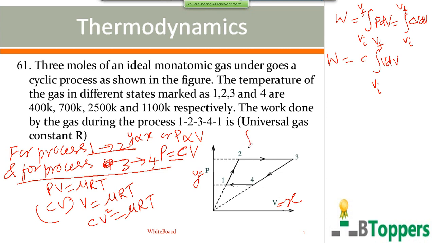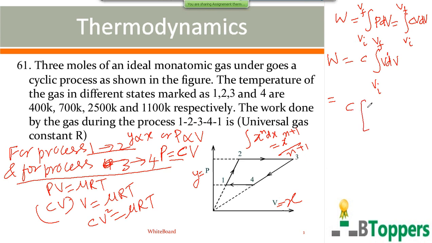Using the formula, integral of x power n dx is x power n plus 1 by n plus 1 plus constant of integration, but we need not write the constant of integration when you have limits. In place of x you have V here, and in place of n you have 1.